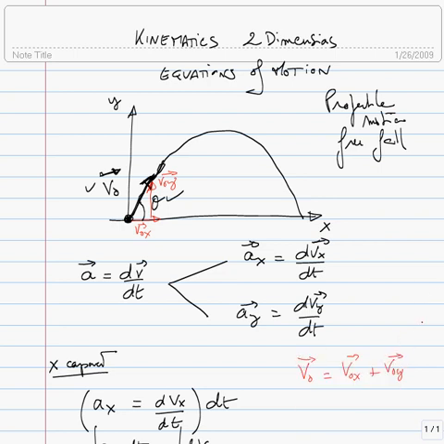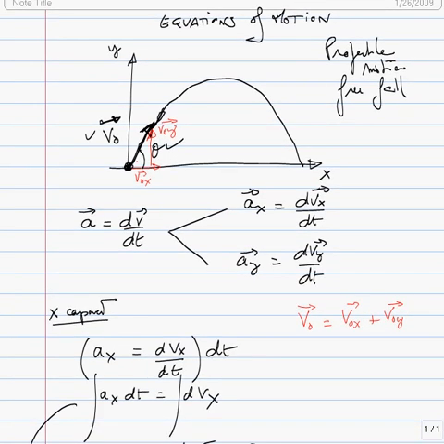And we can even get the functional form of each component using our favorite right angle triangle, and we obtain that the magnitude of v naught x is nothing else than v naught cosine theta. Similarly, the magnitude of v naught y is going to be v naught sine theta.